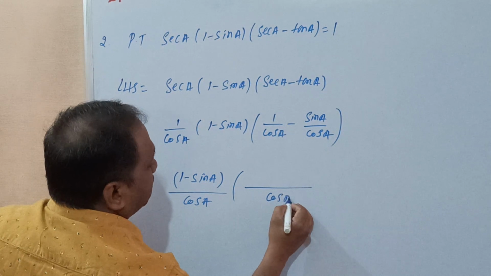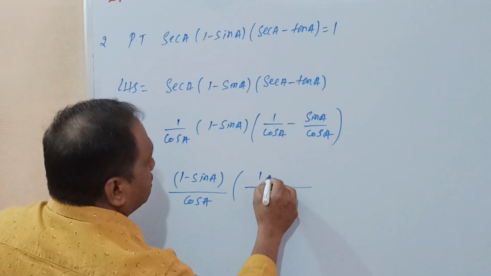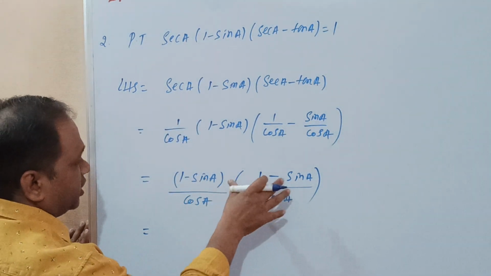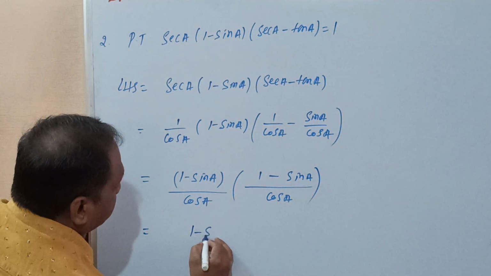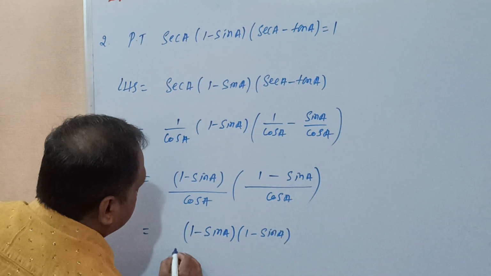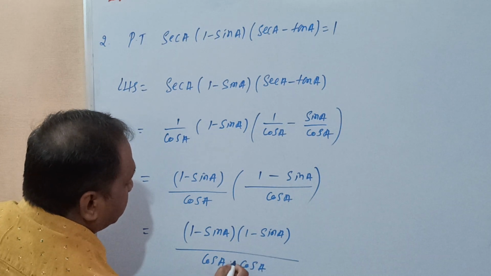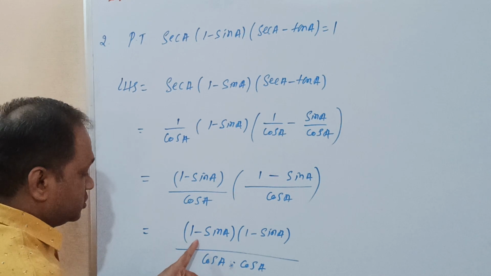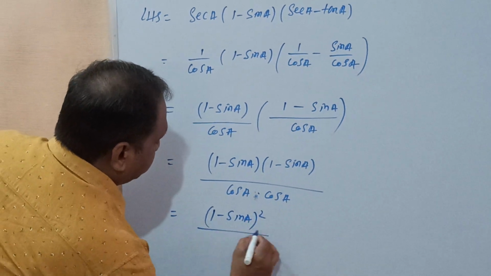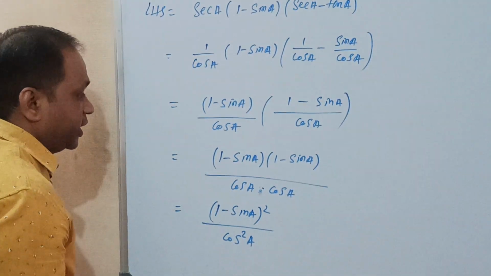The LCM becomes cos A, and the numerator becomes 1 minus sin A. Both the numerator and denominator I will write in the nearby form: (1 minus sin A) and (1 minus sin A), whole divided by cos A into cos A. So I will write this as (1 minus sin A) whole square, divided by cos square A, since cos A into cos A becomes cos square A.